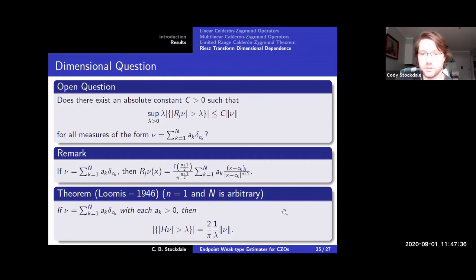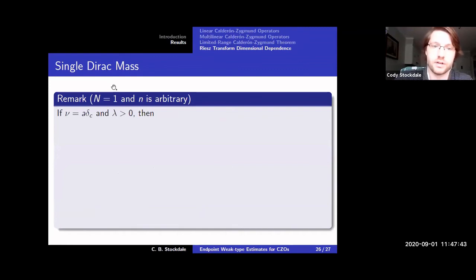Okay, but what about if we're in an arbitrary number of dimensions? What can we say? Well, if we have just one Dirac mass, so your nu is not a linear combination, just a weight times the Dirac mass centered at some point c, and we'll say we're in n dimensions. Then what can we say? We have a positive parameter lambda, and we look at one of these level sets.